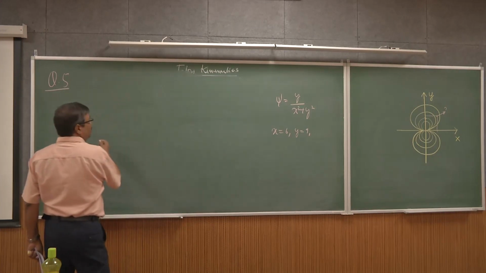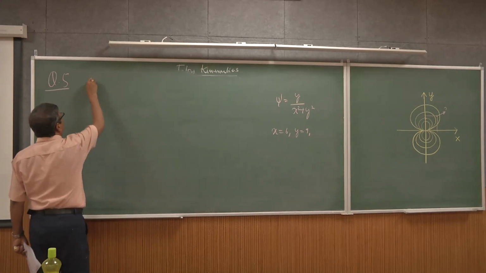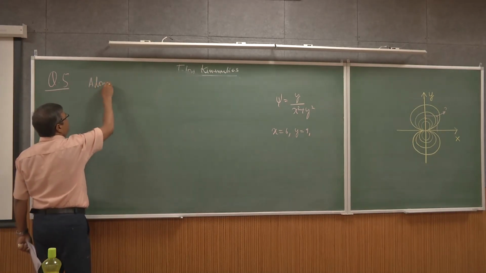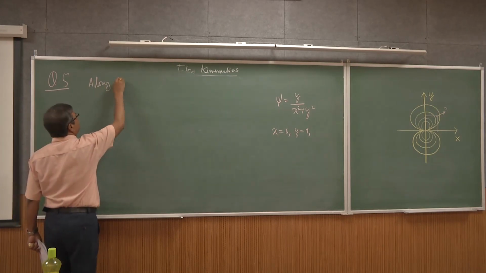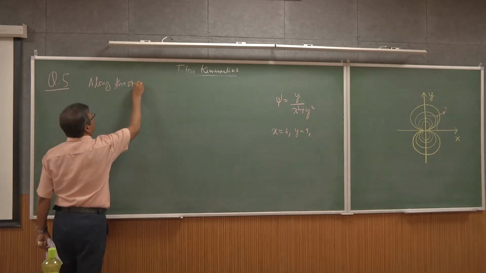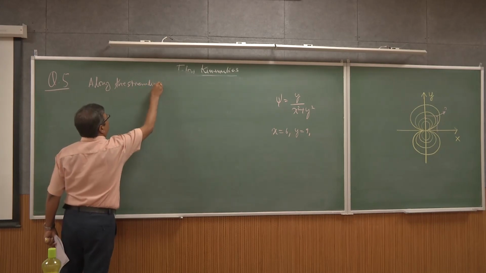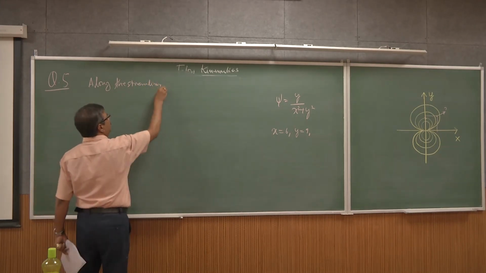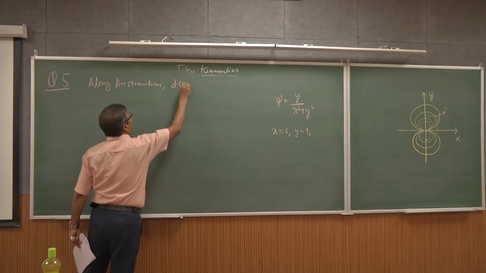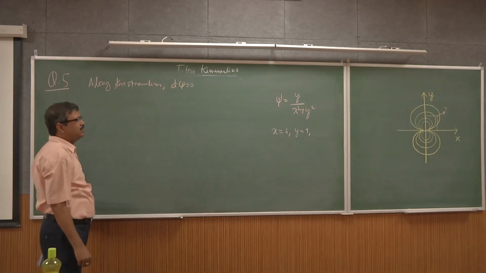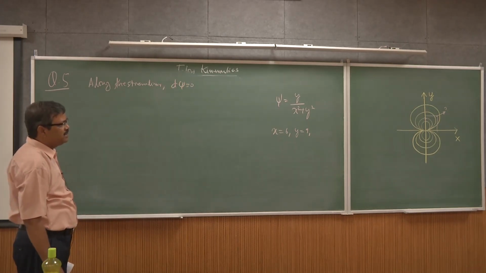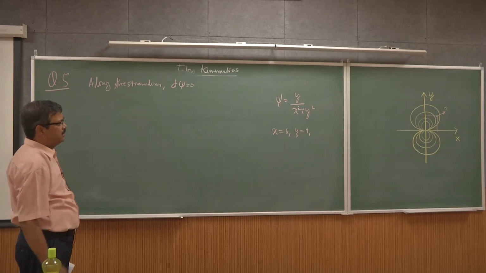First, let's go along the streamlines. d phi is equal to 0, because along a streamline the stream function's value is constant and doesn't vary.